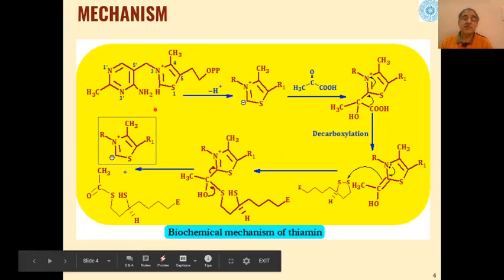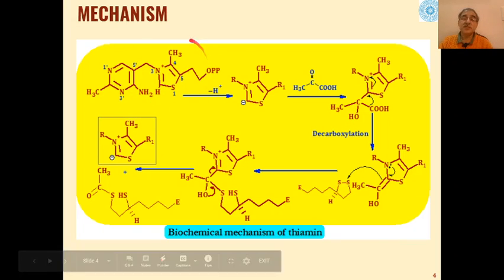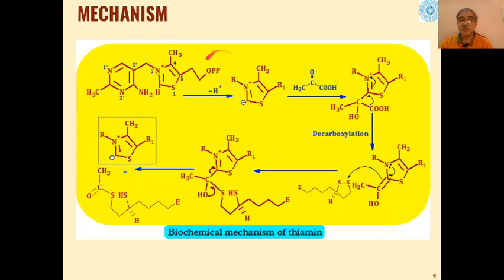So this is the mechanism, and this is the pyrimidine ring, this is the thiazole ring, and this is the diphosphate present. In the first step, the proton will be removed at this place. This proton is removed to generate this type of thiazolium carbanion, and this carbanion will attack this carbon, which is electrophilic in nature, of the keto acid, to give us this type of tetrahedral enzyme-substrate complex.